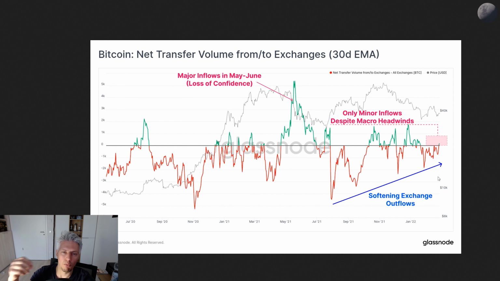This means there's a net outflow from exchanges, that the supply of Bitcoin on exchanges is decreasing. That in turn means lower supply, a supply shock. If you suddenly get more buyers and there aren't enough coins on the exchanges, you have a supply shock situation where potentially the price can increase very fast.